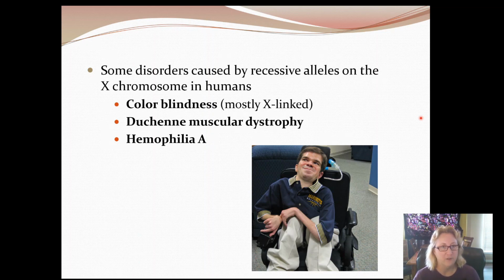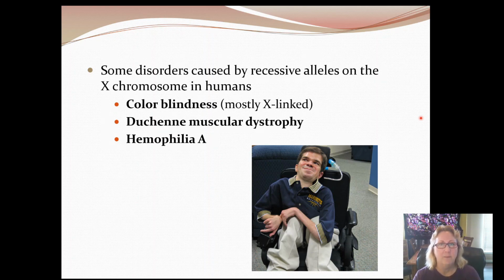Duchenne muscular dystrophy is the most common kind of muscular dystrophy simply because this gene is on the X. It's recessive. Now you might wonder, for these recessive disorders, are there cases where females being heterozygous are affected? And the answer is yes, and we'll talk about that when we talk about X inactivation.